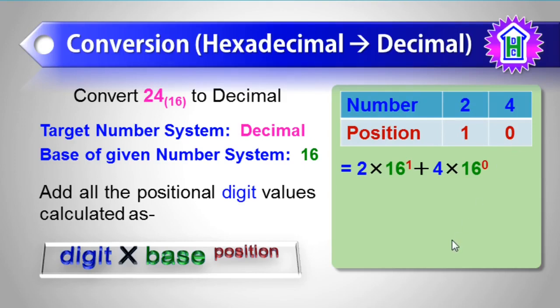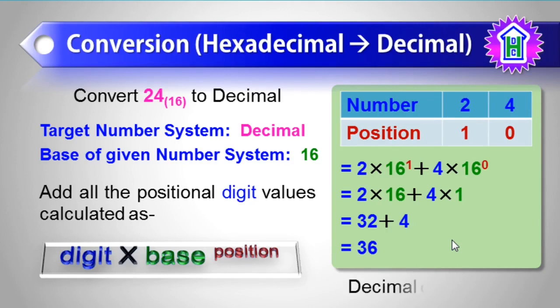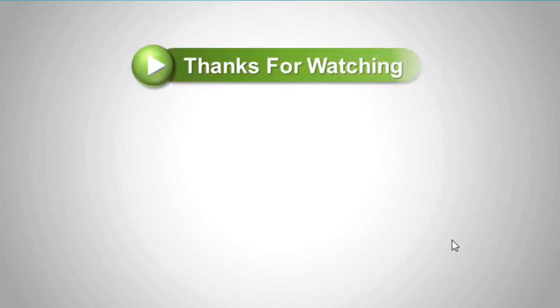This calculates to 2 into 16 plus 4 into 1, which is 32 plus 4, and again we get 36, which is the decimal equivalent of hexadecimal 24. So the decimal of 24, which is in hexadecimal, is going to be 36.